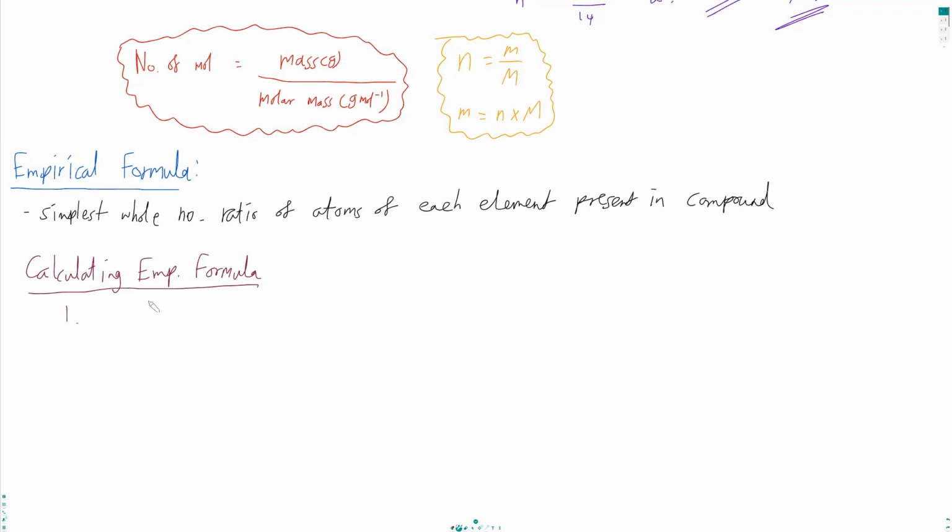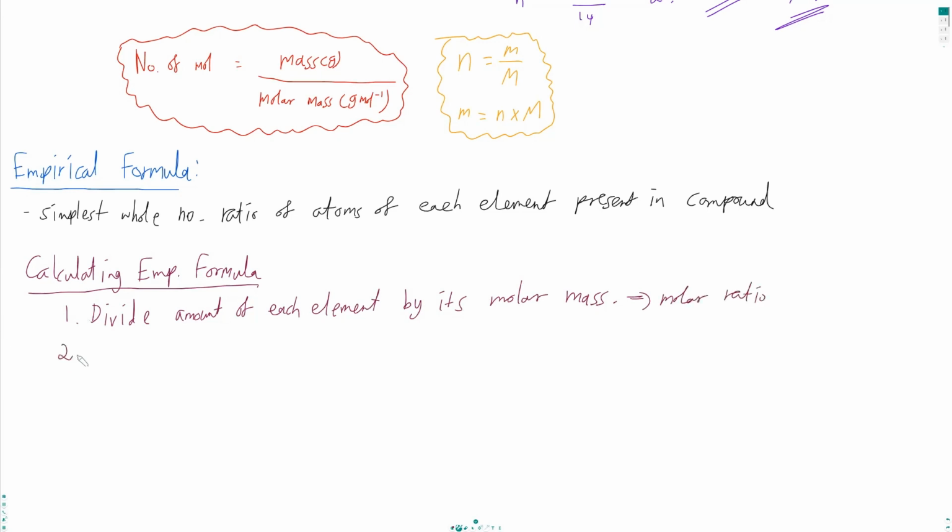First step is divide the amount of each element by its molar mass. This will get you the molar ratio.